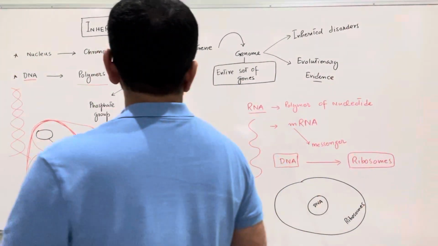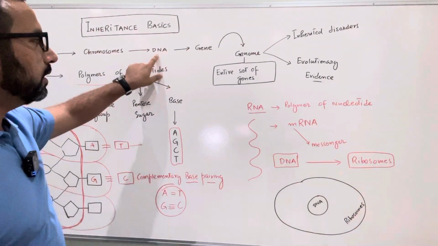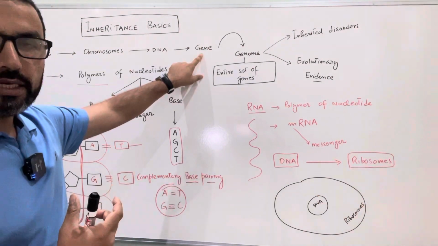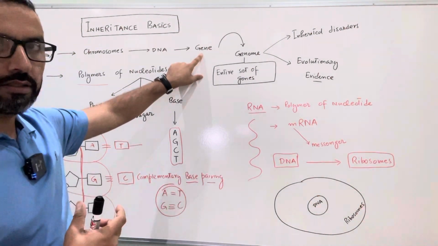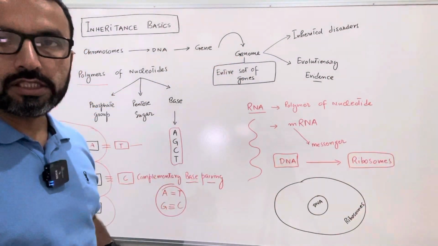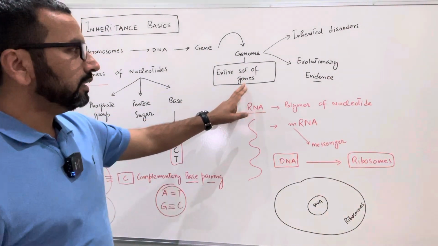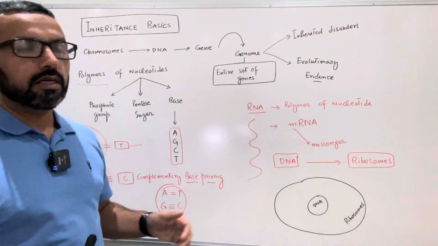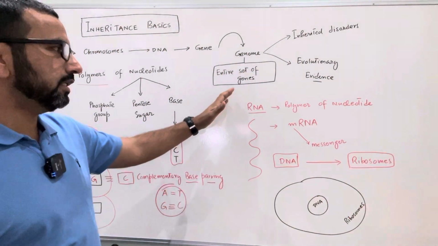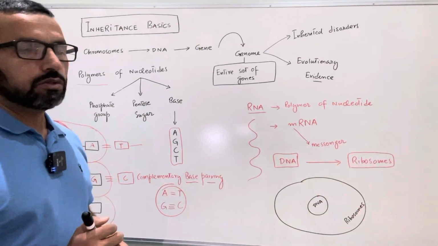And so what is a gene? A gene is basically a small part of DNA. Each gene controls one inherited character in an organism. And there is another similar term which is called genome. Genome is the entire set of genes in any organism. Like if we say human genome, it means the entire set of genes inside humans.